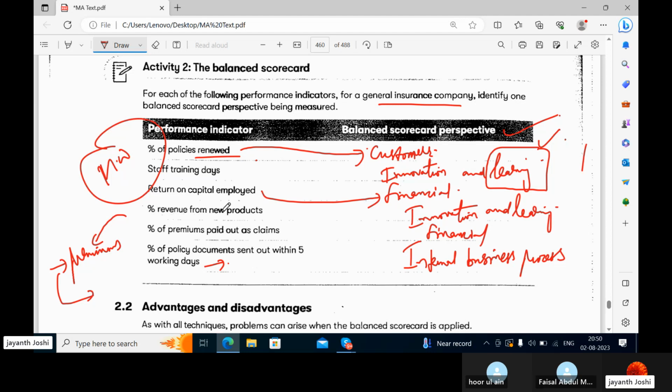Percentage revenue from new products: new in the sense it leads to innovation. And if claims have to be settled, definitely money is involved there. Money has to be paid as claims, so financial. And percentage of policy documents sent out within 5 working days: if the internal business process is very strong, robust and efficient, they can do that in 5 days.